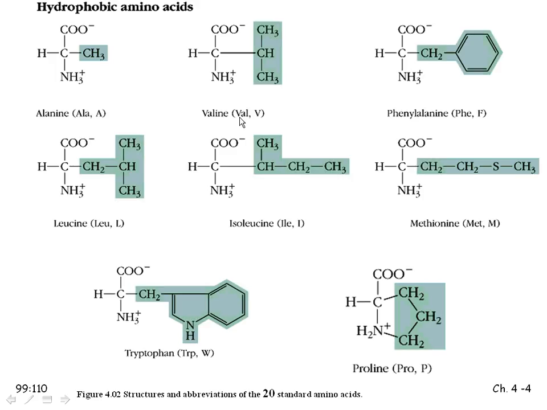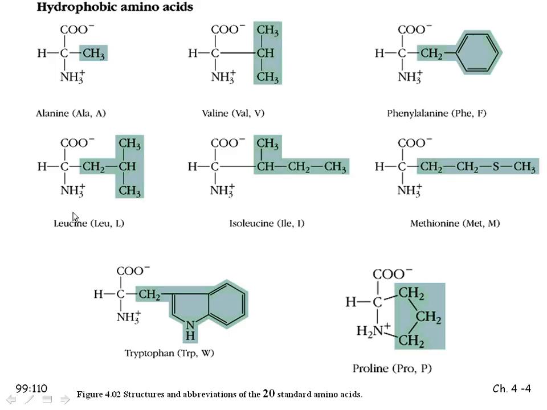That's valine, Val, or V. You have phenylalanine, which is simply alanine, right? There's that methyl group with a phenyl ring. So phenylalanine makes sense from its name, and it's called Phe for phenylalanine, or F for the F sound.